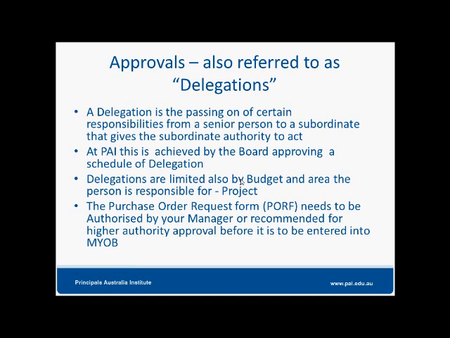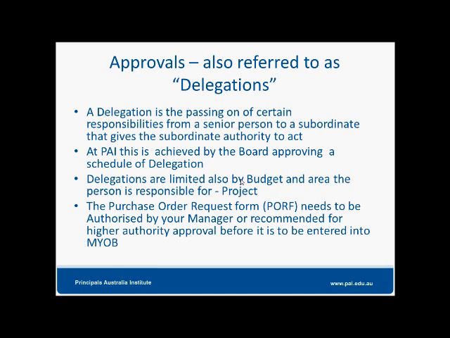Delegation is the passing on of certain responsibilities from a senior person to a subordinate that gives that subordinate authority to act. At PAI, this is achieved by the board approving a schedule of delegations.